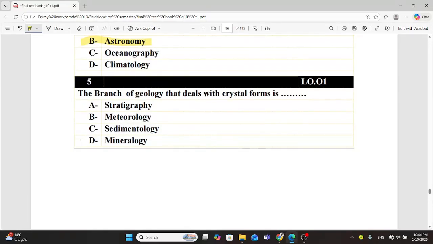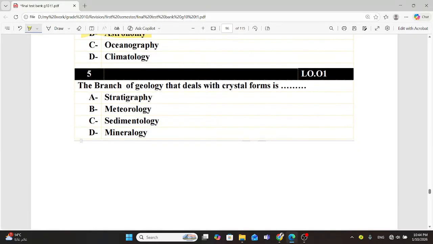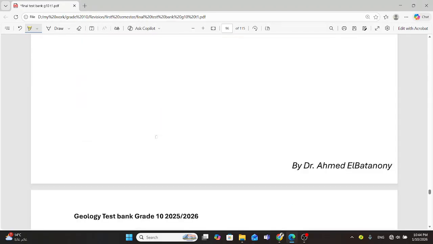The branch of geology that deals with crystal forms is stratigraphy ولا meteorology ولا sedimentology ولا mineralogy. طيب هتبقى المينرولوجي إن هو crystal forms اللي هي المينرالز.